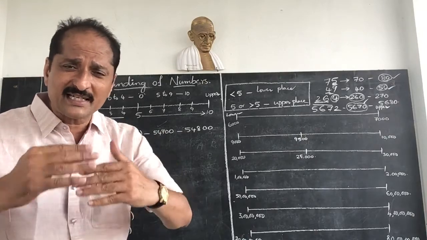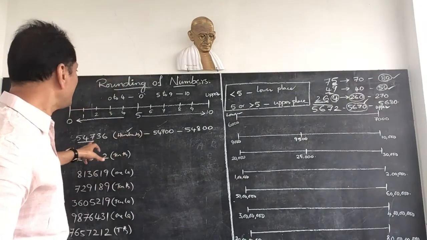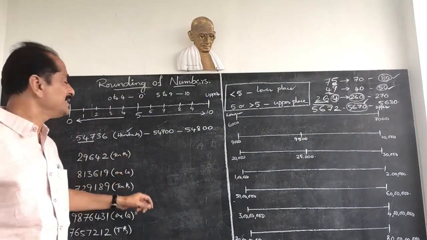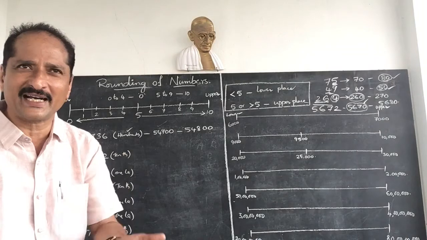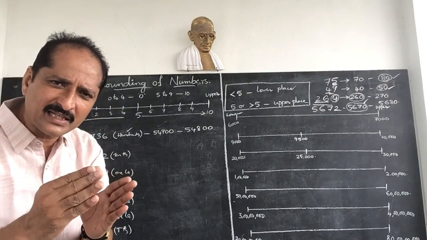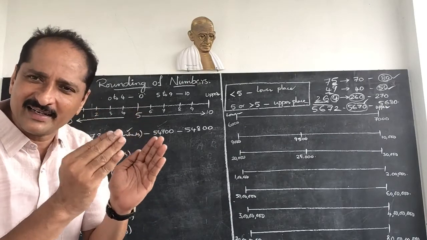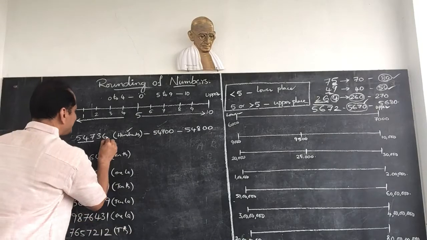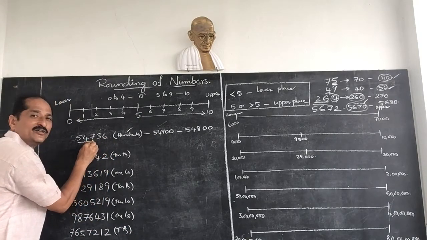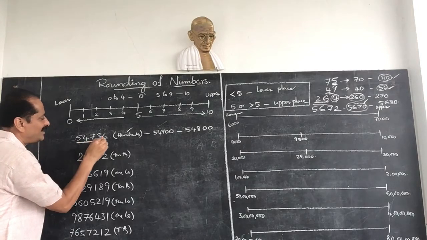First, to make you understand this process I am telling. To round off this number to the nearest hundreds place, this number is in between which two hundreds? So go up to hundreds place, and including the 100, all the places above are hundreds.